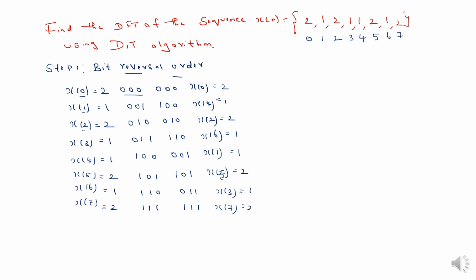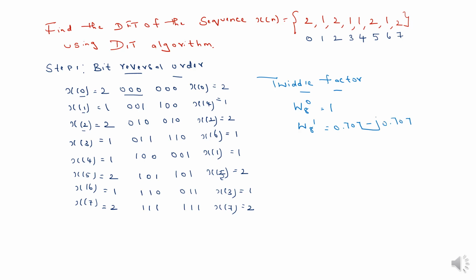So after representing the inputs in bit reversal order, we need to know the twiddle factor values to further solve the problem. So twiddle factors are represented by W suffix 8 power 0, its value is 1. W suffix 8 power 1, its value is 0.707 minus j 0.707.